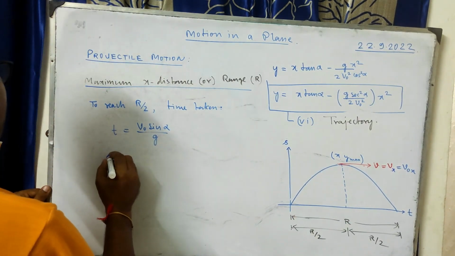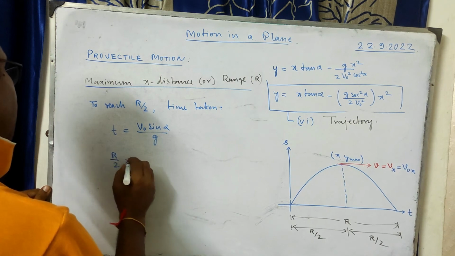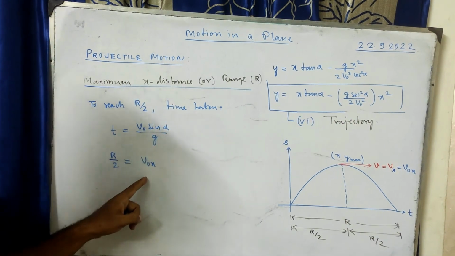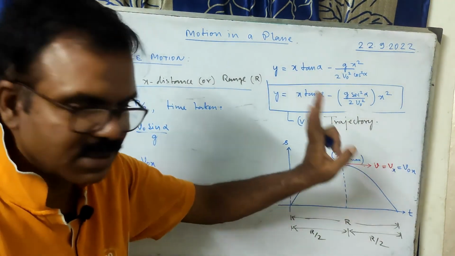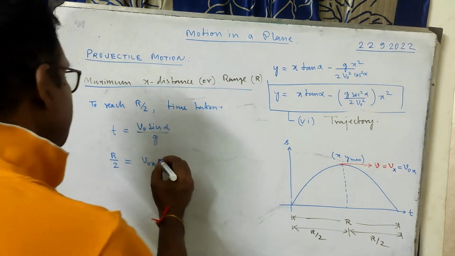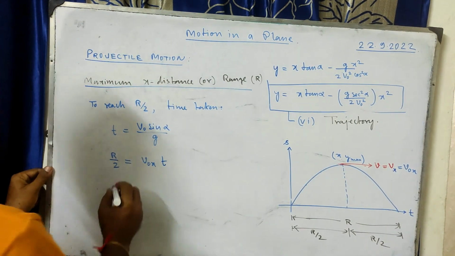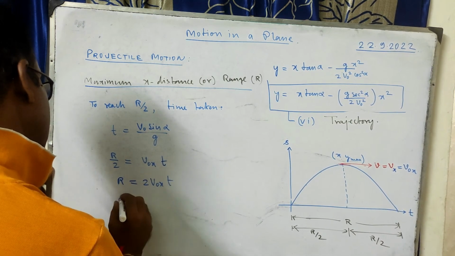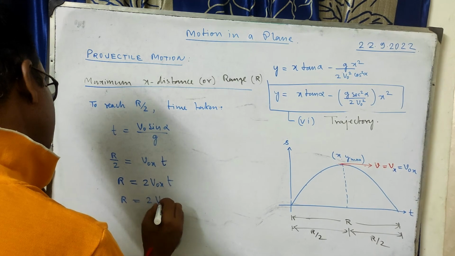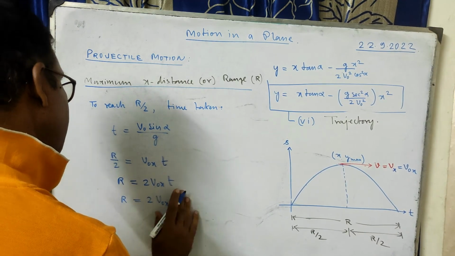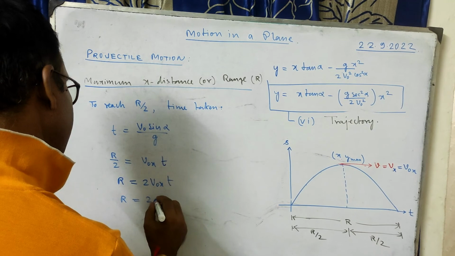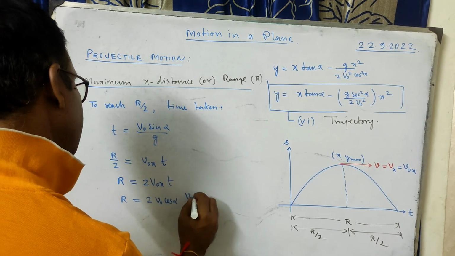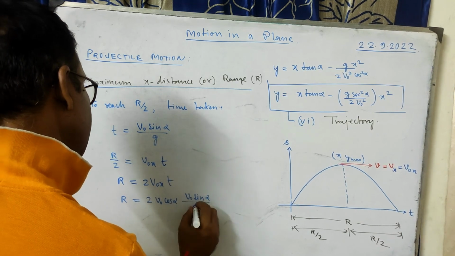So R by 2 will be nothing but V0x, this is the velocity, it remains constant throughout the flight. V0x is constant. So V0x times t, right? So R is equal to 2 times V0x times time t. V0x is nothing but V0 cos alpha, and t is V0 sin alpha by g, right?